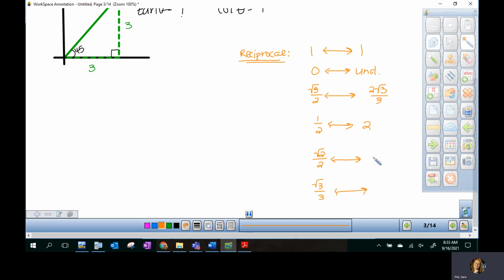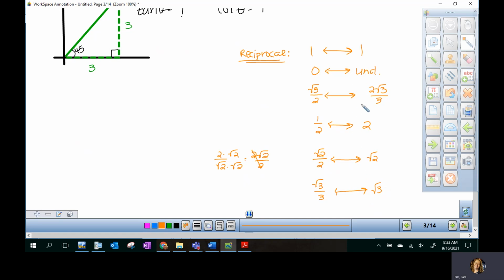What are their reciprocals? Because if I were to flip this, it becomes 2/√2, and then I have to rationalize. And then those 2's reduce, so it's just √2. So if you can just remember that relationship for reciprocals, it saves you from doing that work every time. The same thing applied here.